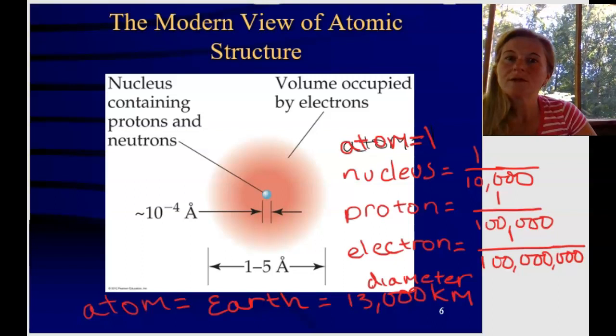Oh, and the nucleus, right? So start with the atom equaling a diameter of 13,000 kilometers. What would be equal to a nucleus? What would be equal to a proton, an electron at that scale? All right, pause and do that activity.